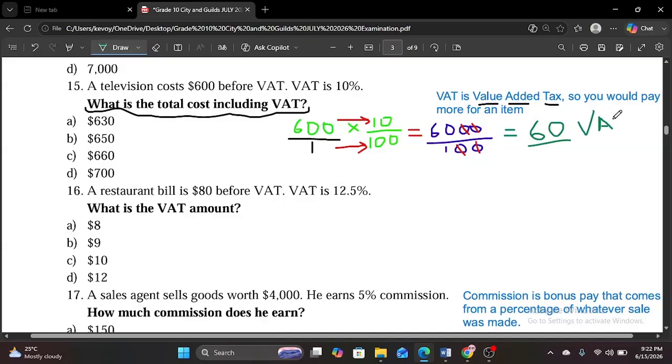So I'm going to add it to my total. I'm going to add my VAT because it says what's the cost including the VAT. So 600 plus 60 is going to be equal to 660.